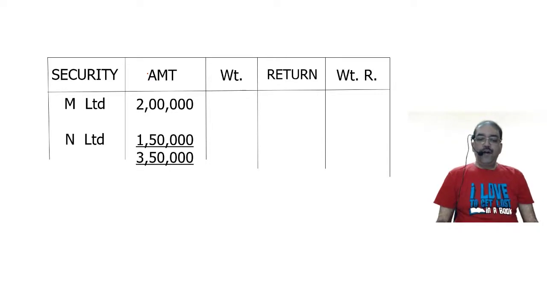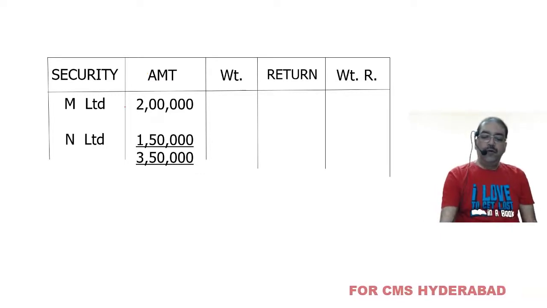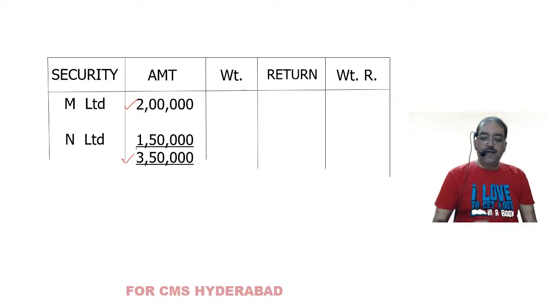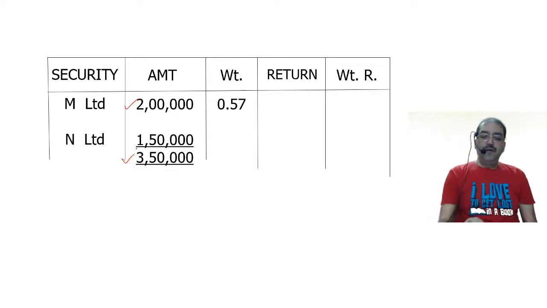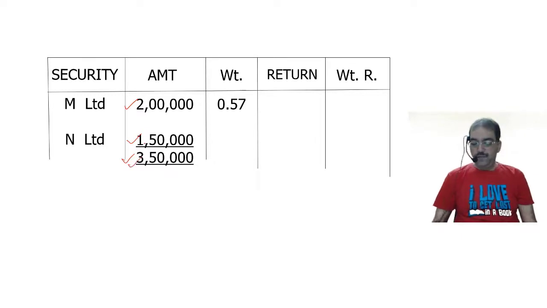Total investment made is 3,50,000. To calculate the weight as usual, we'll take 2 lakhs divided by 3,50,000, rounded to 2 decimals, 0.57. Then 1,50,000 divided by 3,50,000, that is 0.43.